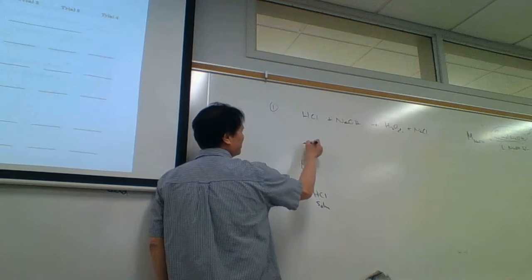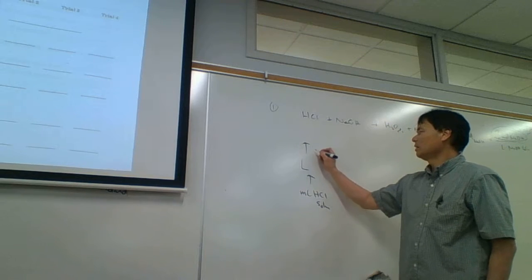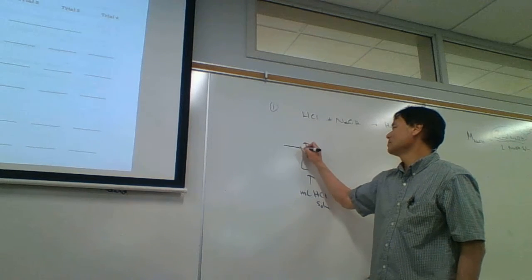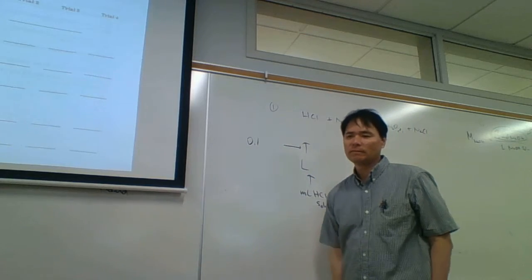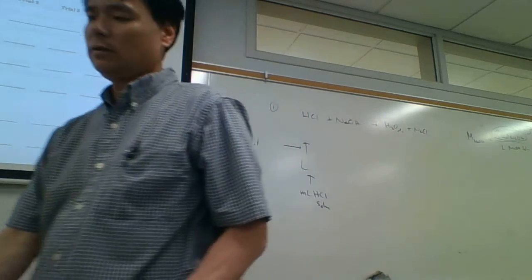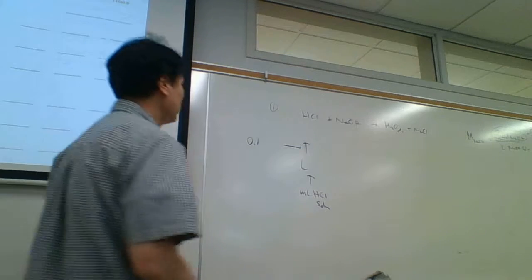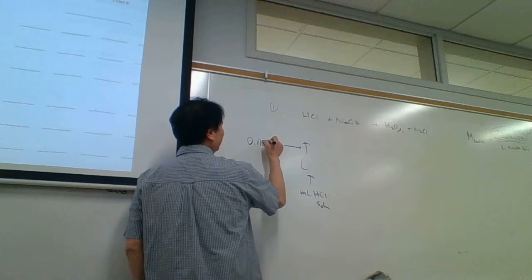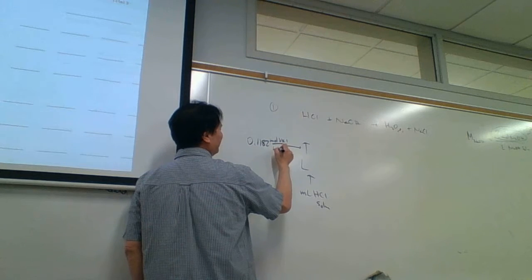Once we have the liters of HCl solution, then we know the composition of that HCl solution. The composition of that HCl solution was, what was it, 0.1182? 0.1182 moles of pure HCl per liter of HCl solution.